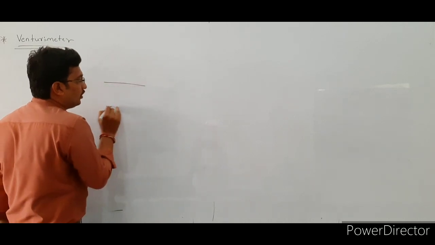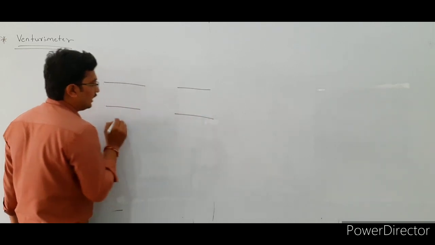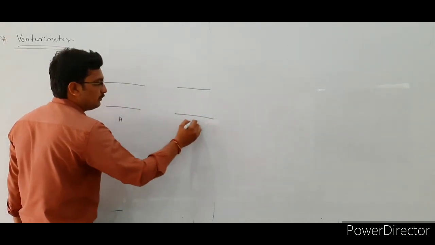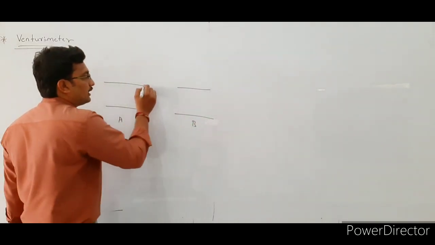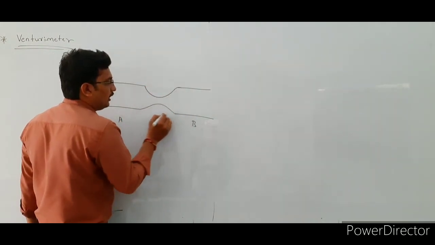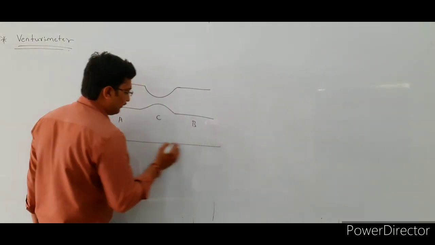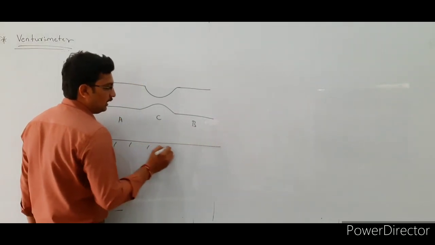The first pipe is A and the second pipe is B, and these two pipes are connected with the help of a narrow pipe, that is C. So this is our reference level or horizontal reference.